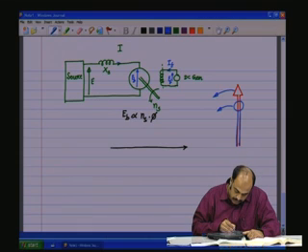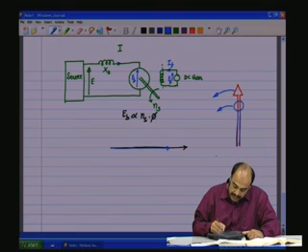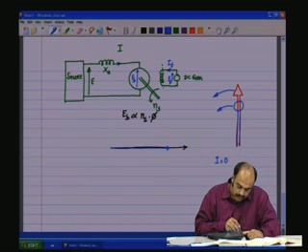So we will put value E across this under the condition when there is no current. So if I is equal to 0, then there is no drop across this.